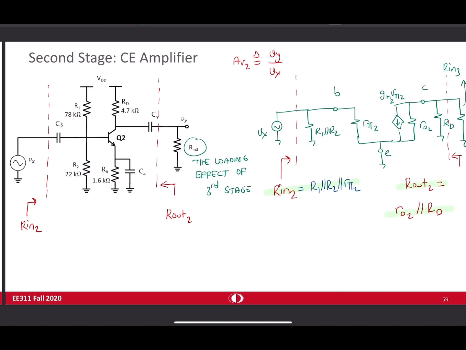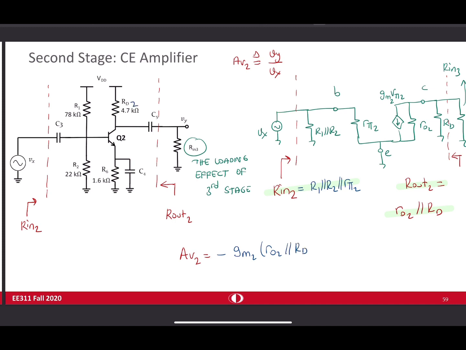And the last thing is the gain. Vy is this voltage. This Gm V pi 2 is passing through these three parallel resistances, and V pi 2 is directly equal to Vx. So AV2 can be written as minus Gm2 times RO2 in parallel with RD.